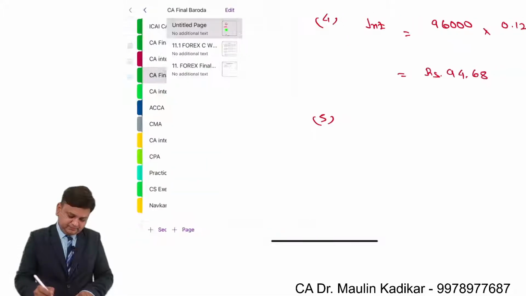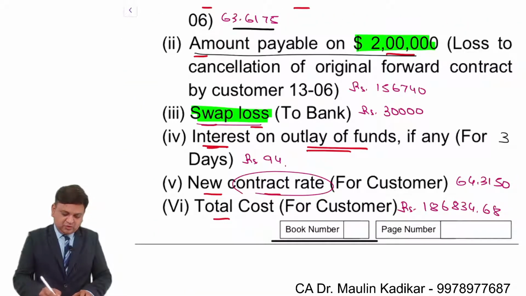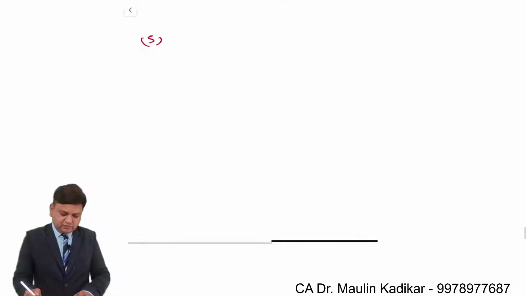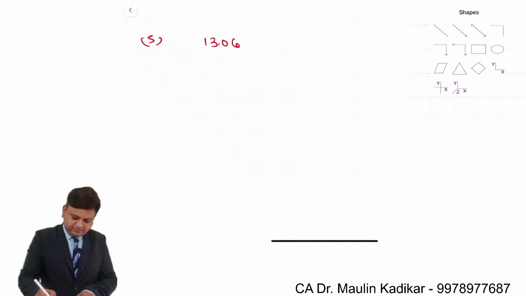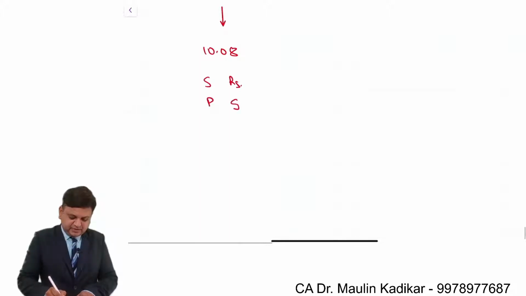Fifth, the new contract rate. So we understand that on 13th of June the forward contract is entered upon for 10th of August for sell of rupees and purchase of dollar.